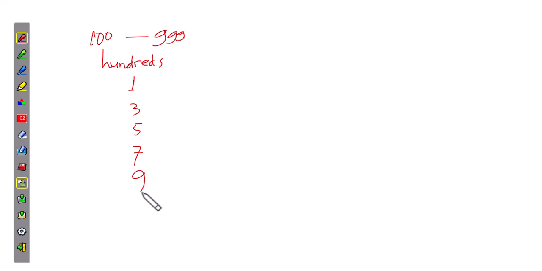In the tens place, we have 1, 3, 5, 7, and 9 as well, because we need to find all three-digit numbers that consist of all odd digits. So in the ones, we will have 1, 3, 5, 7, and 9 as well.